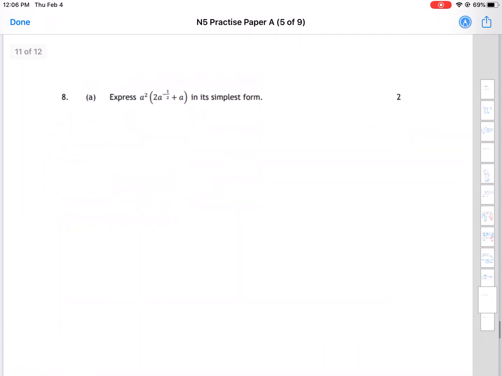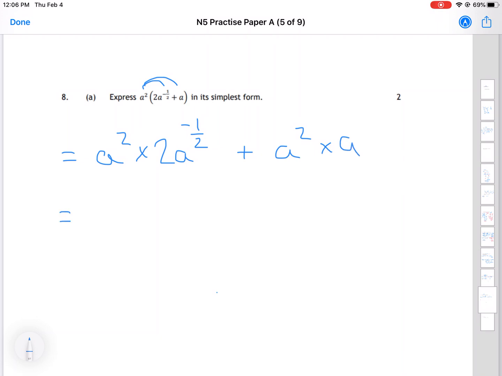With this question here, we did a lot of these during revision, multiply through the bracket just using our index terms as well. So when we multiply two terms together, we'll end up here with a squared times 2a to the negative a half plus a squared times a. The second part of this is a lot easier than the first part.